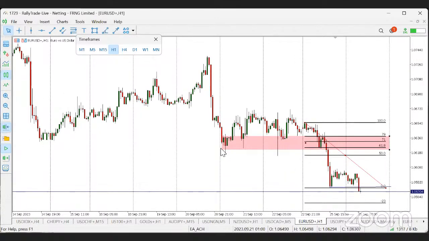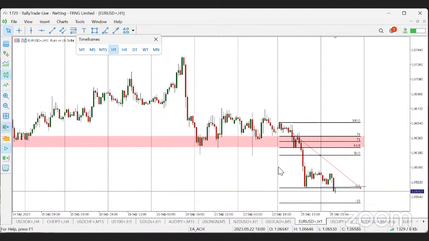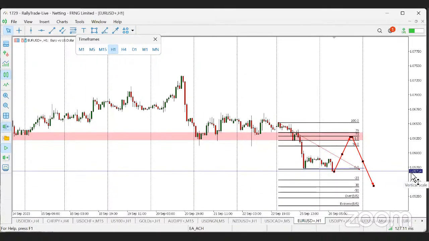You can see if I extend it, the market has been touching and bouncing off this particular area. So I am now expecting that a retracement should occur, which is going to look like this, a movement to the upside before we come downside.